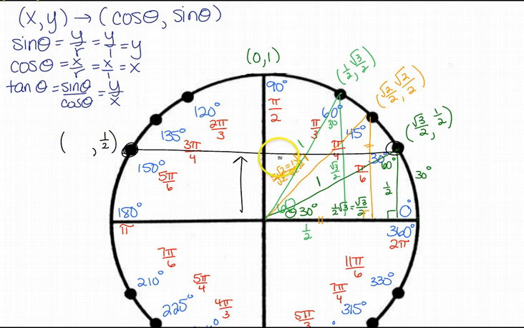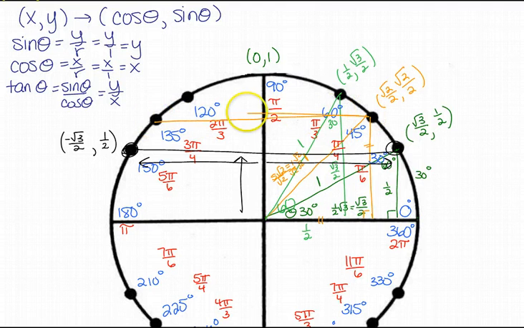Then I look at the distance traveled right. It's the same distance traveled right and left. The only difference is this one is to the right and this one is to the left. So when I move to the right, it's a positive root 3 over 2. When I move to the left, it's a negative root 3 over 2. The same is going to be true for our next one.